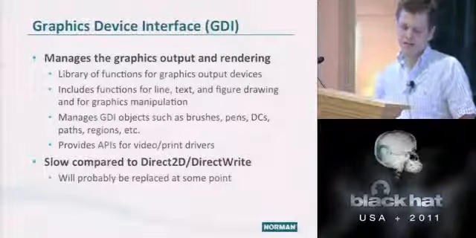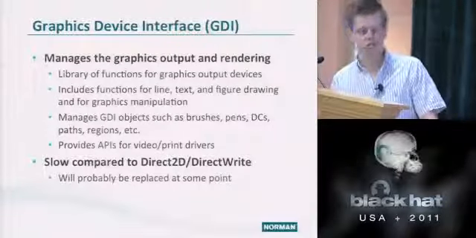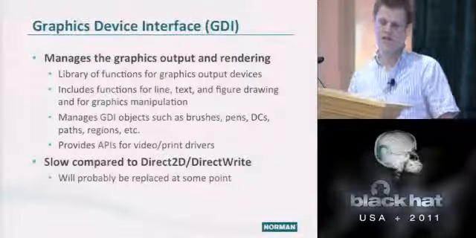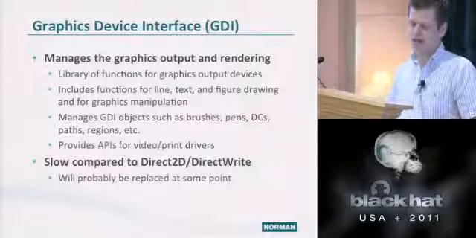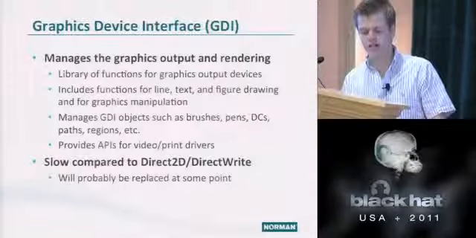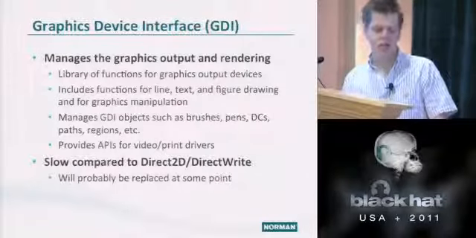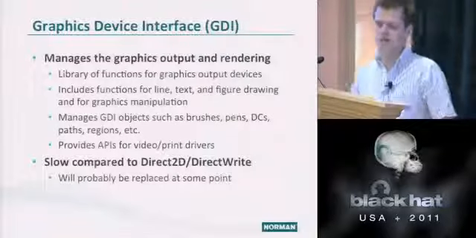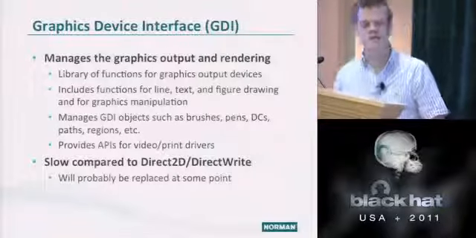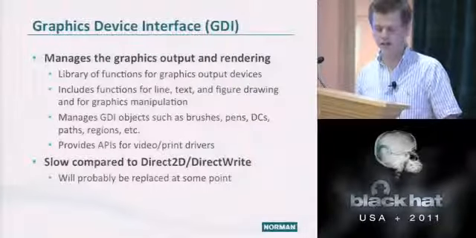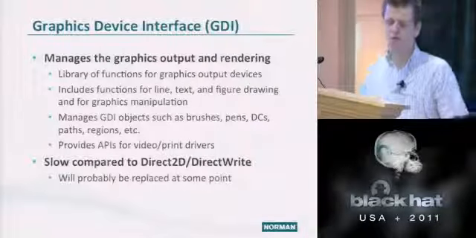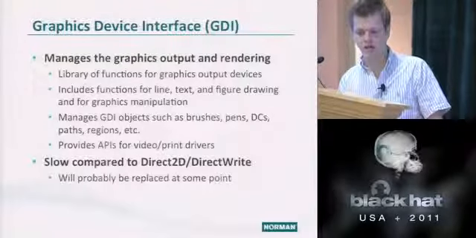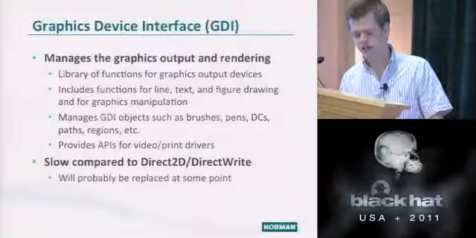So this includes functions for line text, figure drawing, graphics manipulation, and you also have GDI objects like brushes, pens, DCs, paths, regions, and you have APIs for video and print drivers as well. GDI is pretty slow compared to DirectX, so at some point it's probably going to be replaced. But as long as there's backwards compatibility to worry about, it's probably not going to happen anytime soon.